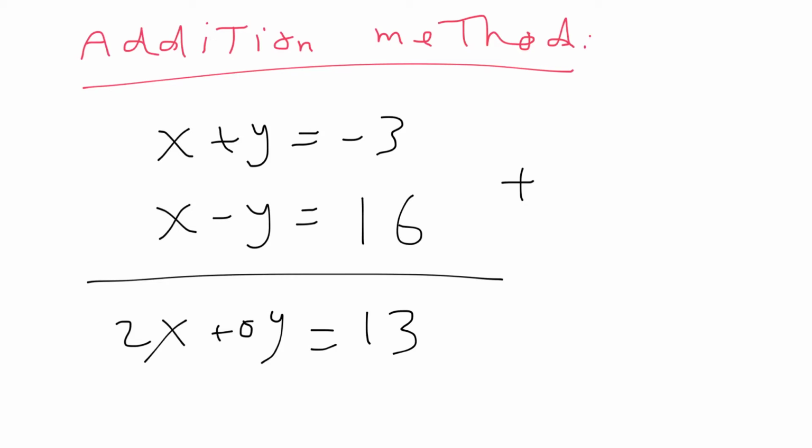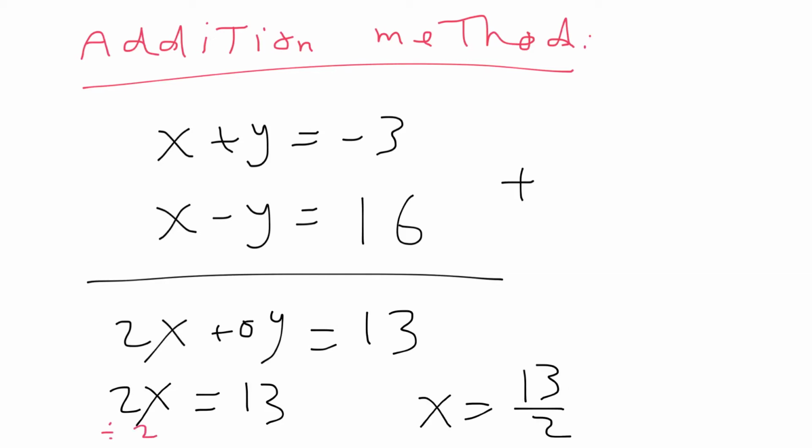Of course, this term is just like nothing is there, so I can just skip that term and write 2x equal 13. And that means x equal 13 over 2, because you have to divide both sides by 2. So you get x equals 13 over 2, or you can say also it's equal to 6.5.